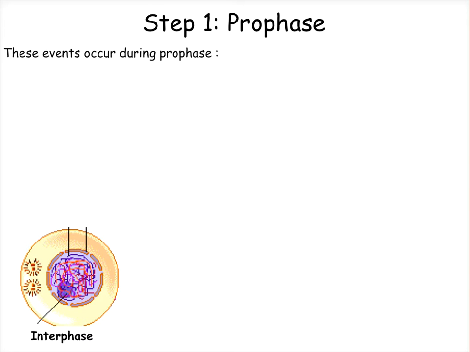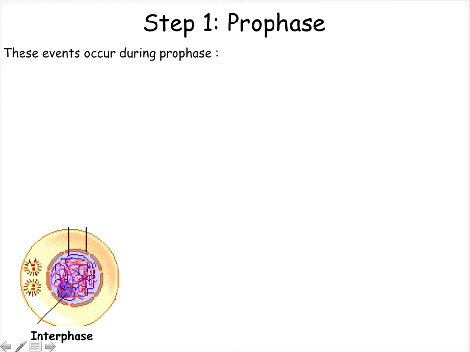We stated last time that mitosis happens in 4 stages, and they are called prophase, metaphase, anaphase, and telophase. Today, we will begin with prophase. So, let's remember that a cell that is entering prophase is coming out of interphase.